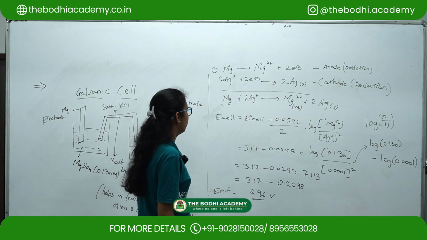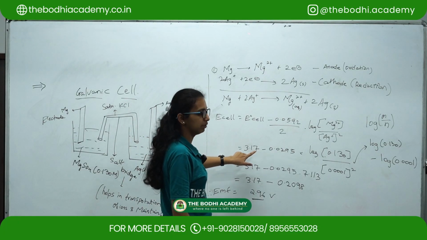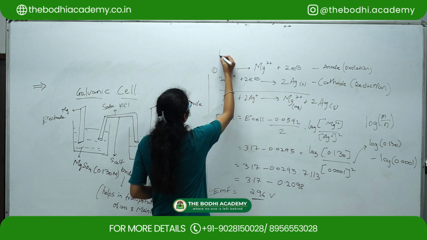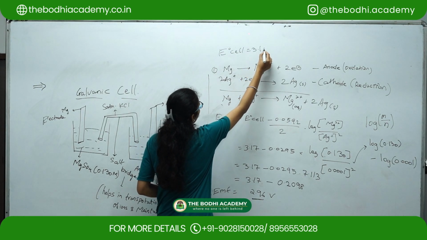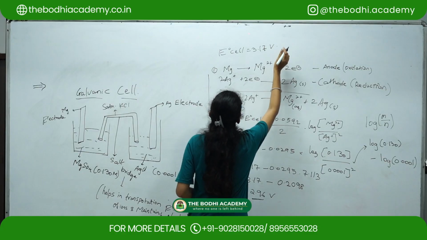In the problem they have given us the E0 cell, which is 3.17. E0 cell is already given. See, E0 cell is equal to 3.17 volt.